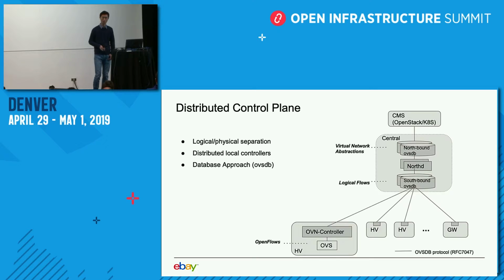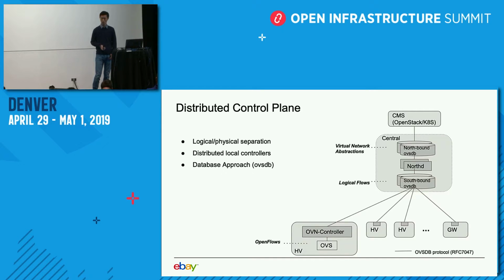Instead, it's just very high-level logical information, but the format is very similar to OpenFlow rules, so you have match conditions and actions. There's the ovn-northd daemon, which runs on the central node and is responsible for translating the logical objects in the northbound DB into objects in the southbound DB. In the southbound DB, apart from the logical flows, there's also port binding information, which is the mapping between the logical ports and their physical location, so that the overlay network can work.